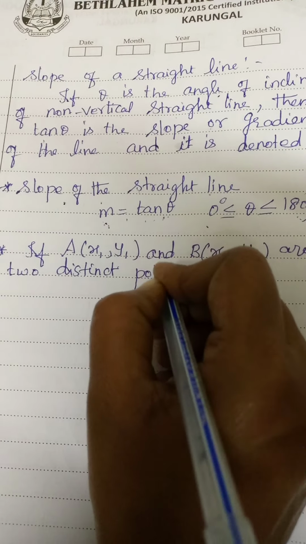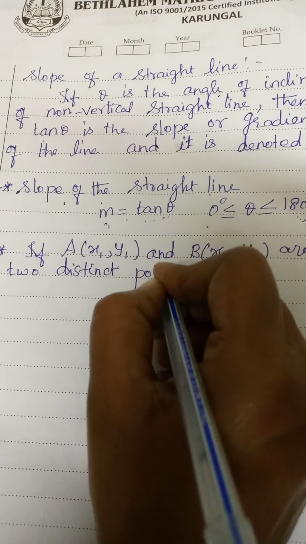When two points are given and we are asked to find the slope, we have to use the formula y2 minus y1 by x2 minus x1. This formula is also important.